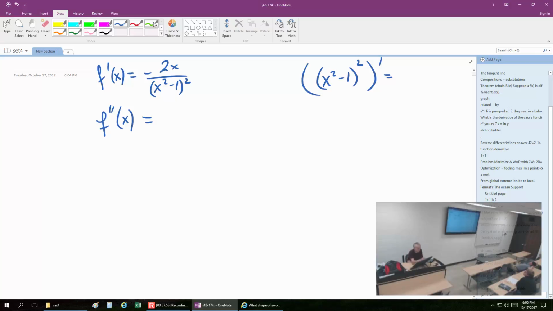So the function on the inside is my u, that intermediate variable. The function on the outside is u squared, and its derivative is 2u. In the meantime, the derivative of x squared minus 1 is 2x.